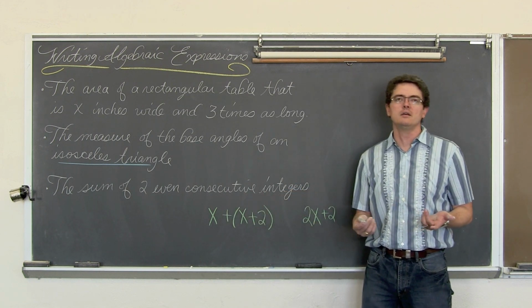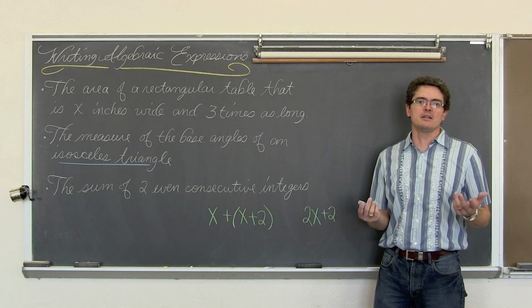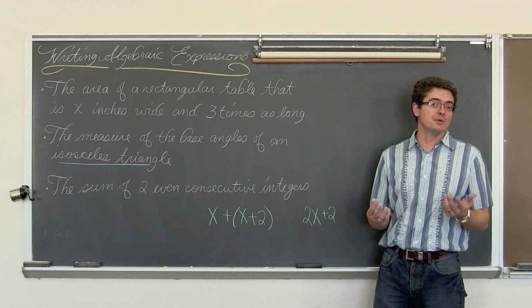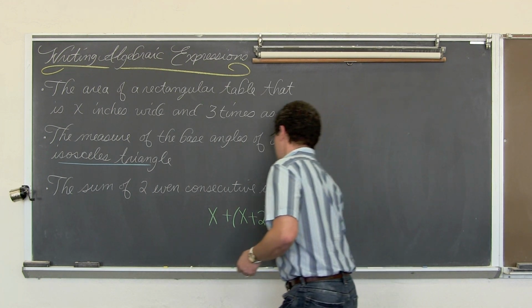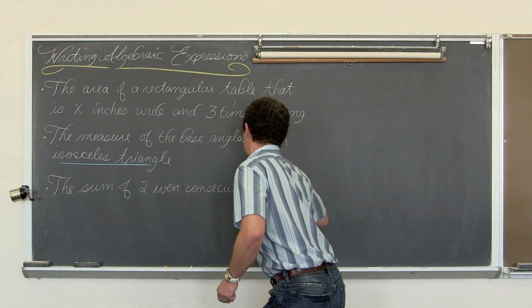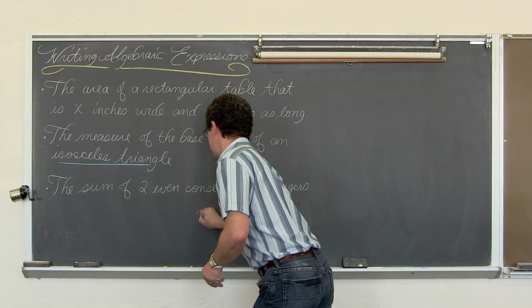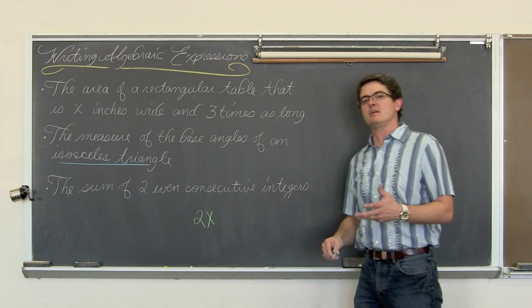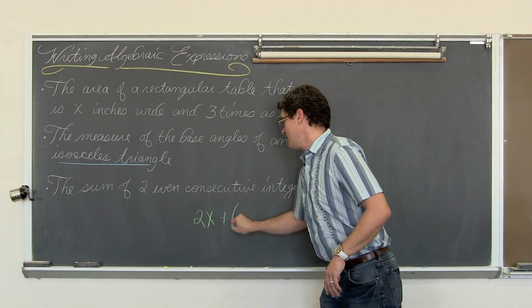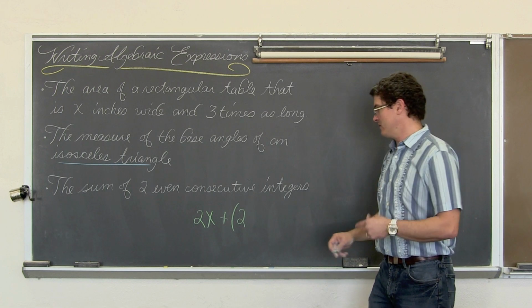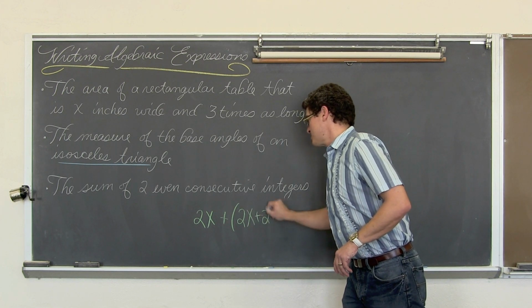So you might argue that this is a little bit of an incomplete statement, or that this could be even or odd. Really, if you want to verify a number is even, you need to multiply it by 2. So maybe you could say that it's going to be 2x, so that I'm guaranteed that my unknown value is even, and then add that with the next consecutive even number of 2x plus 2.